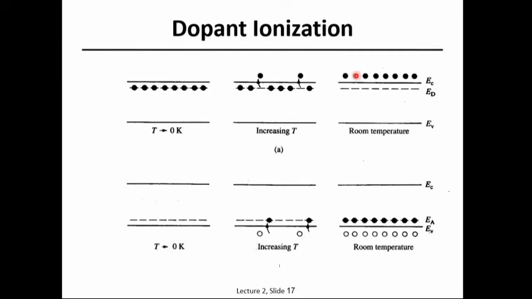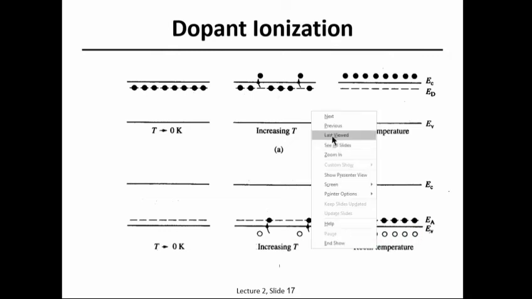Then at room temperature, all my ionized electrons will be in the conduction band. For the acceptor atom, which has taken electrons from the valence band, they will be sitting here as we increase the energy, and at room temperature they will all be sitting there, leaving vacancies in the valence band.